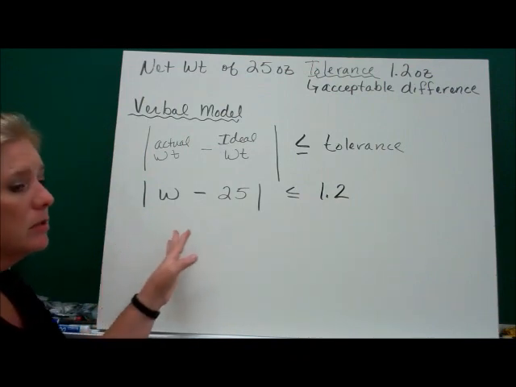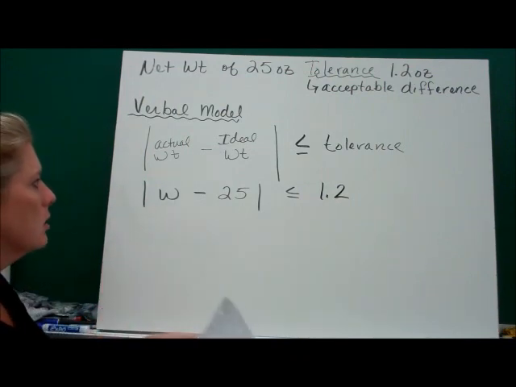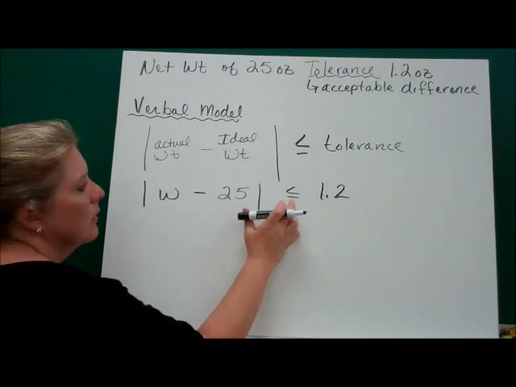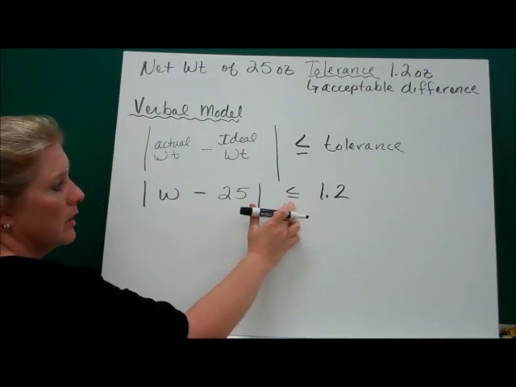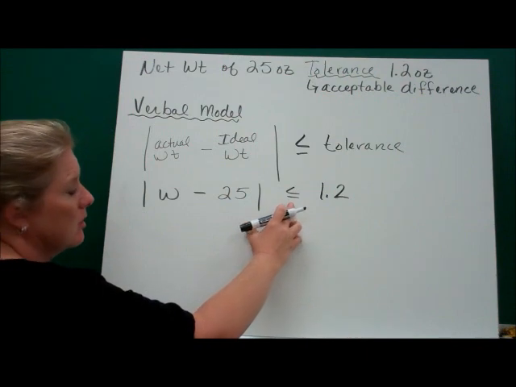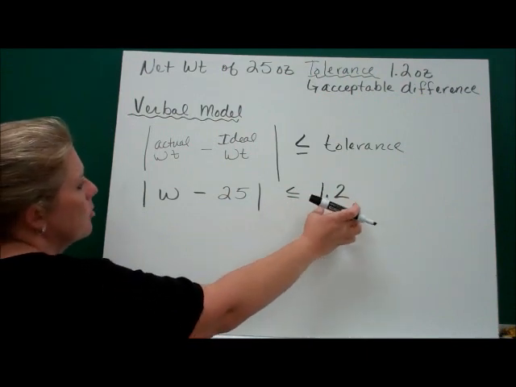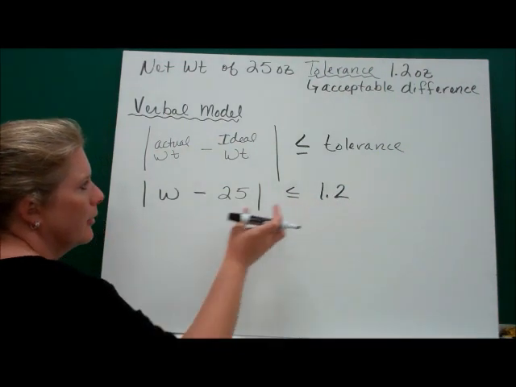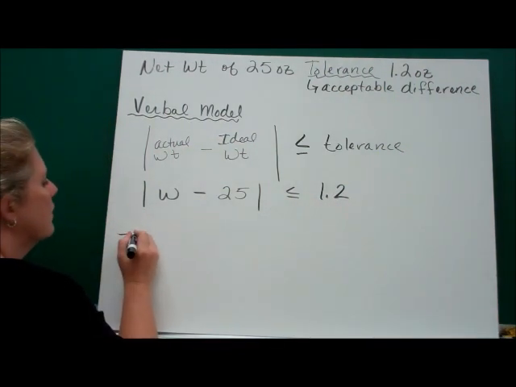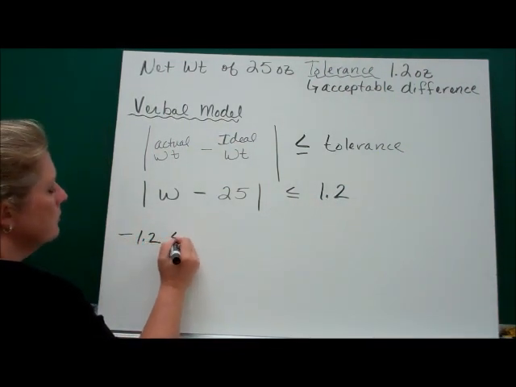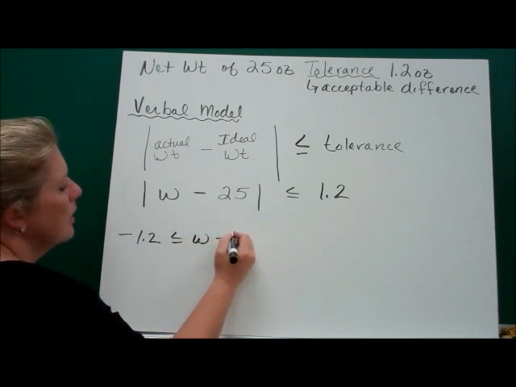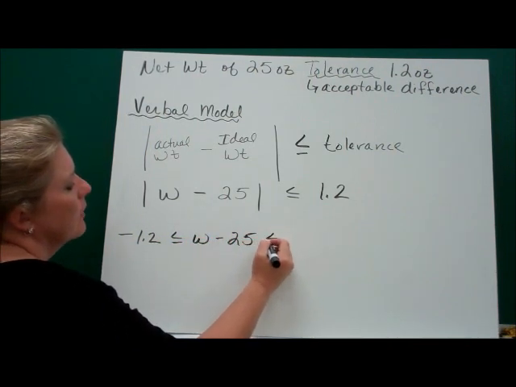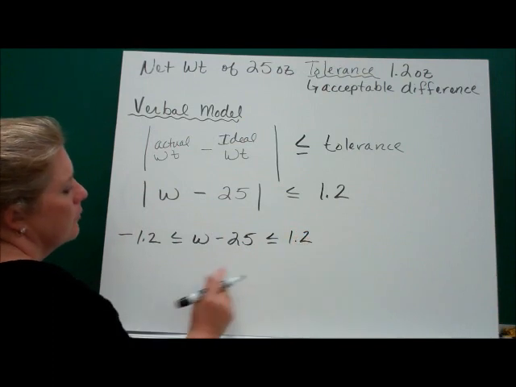Okay, now we're going to solve. Now to solve an absolute value inequality, we convert it to its compound version. This is nice. Everybody gets the less thans much easier than the greater thans, because now our tolerance can, like I said, go either way. It can either be 1.2 higher or 1.2 less. So negative 1.2 less than or equal to W minus 25 less than or equal to positive 1.2.